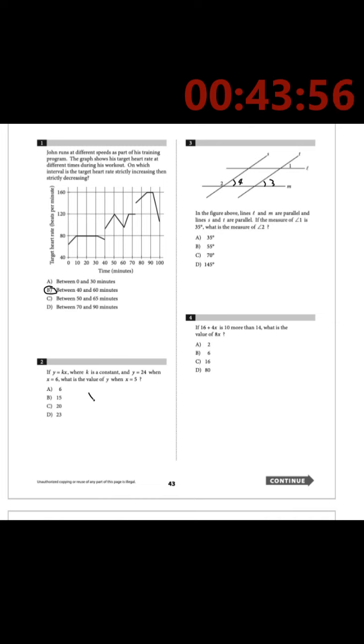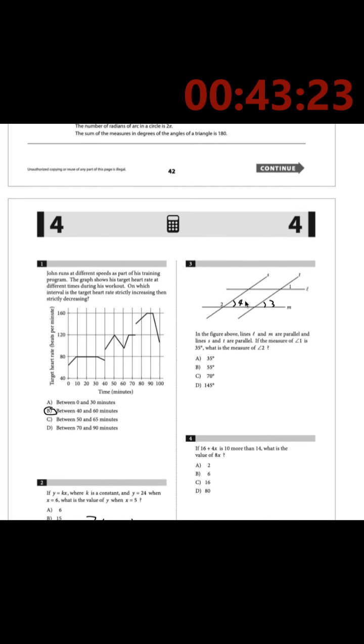Then 24 equals k times 6, so k equals 4, and that means y, which is k times x, equals 4 times 5. So the answer is 20, which is C.